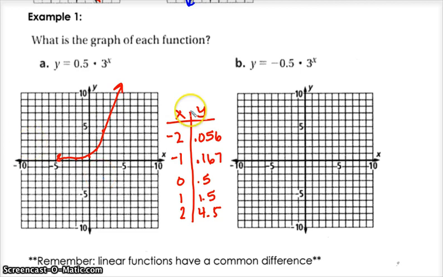Now, the only difference about the graph in part B is that it is reflected over the x-axis. So those points that were above the x-axis are now below, but in that same position. So when I'm over here at -2, now I'm down at -0.056. And when I'm at -1, it's -0.167. And so on.